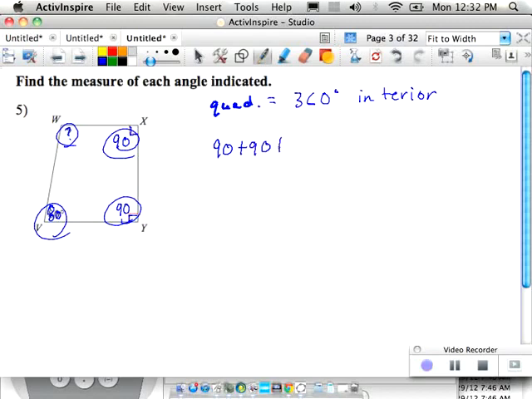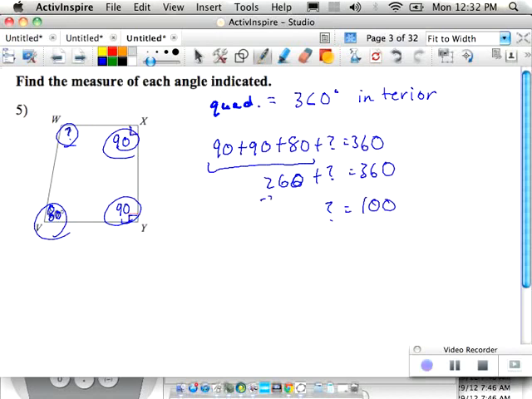So I got 90 plus 80 plus a question mark equals 360. So I got to figure out how much this is. Well, 90 plus 90 is 180. Add another 80 to that. That's 260. 260 plus a question mark equals 360. That means that the question mark is going to come out to 100. I can find that out by subtracting 260 from both sides.